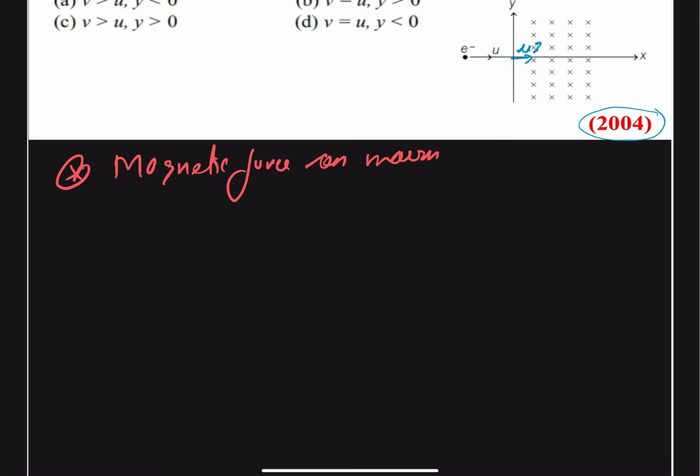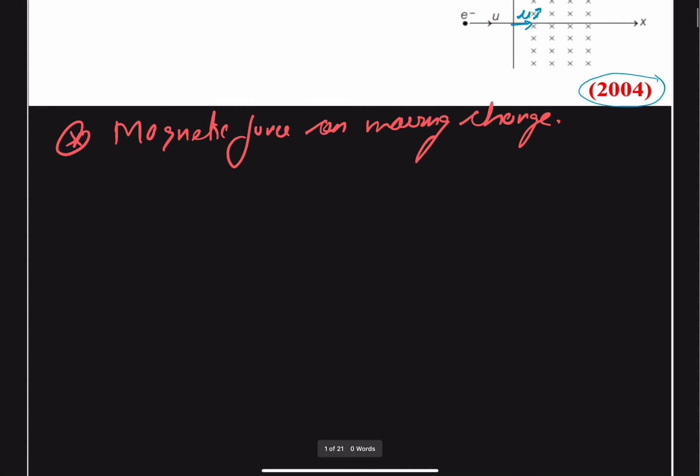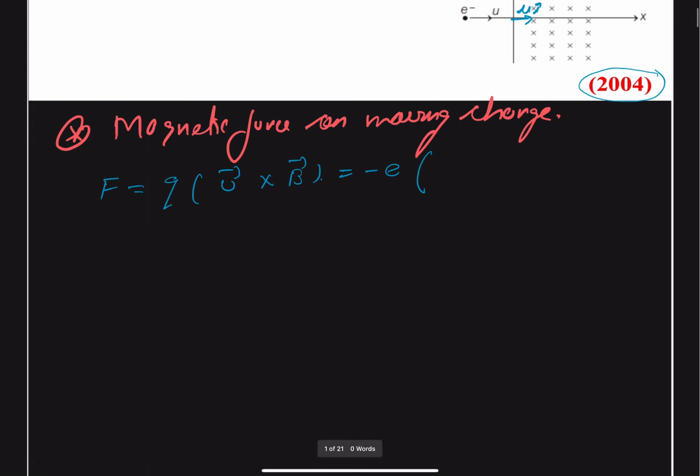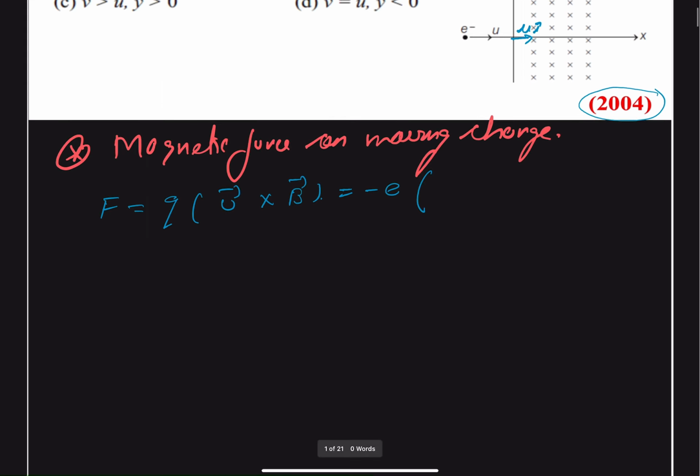The force on a moving charge is given as F is equal to q v cross B, and here the charge q is of an electron, so we can write this as minus e, and we substitute the velocity as well as the magnetic field.